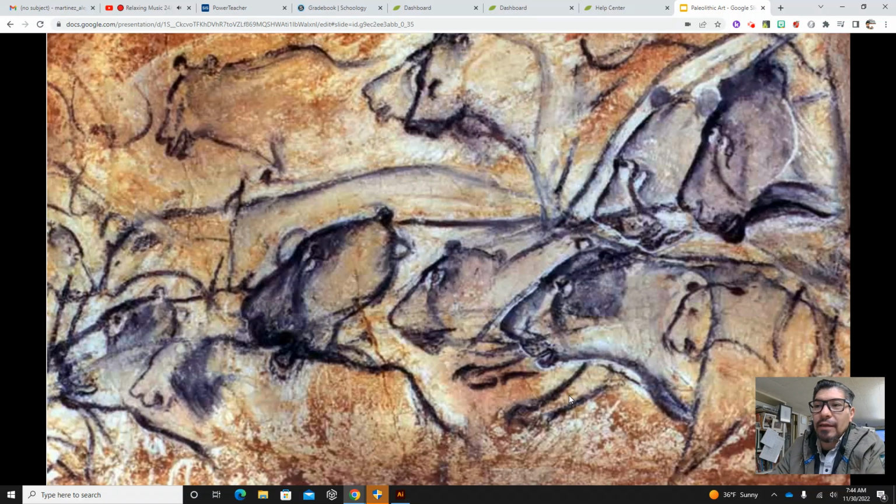These look like they have been drawn from observation and from careful observation. Even the expressions on some of these faces of these lions have a sort of look to them that is very strong.